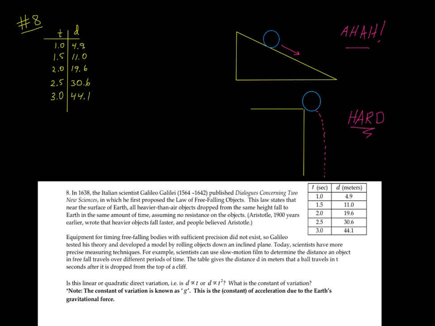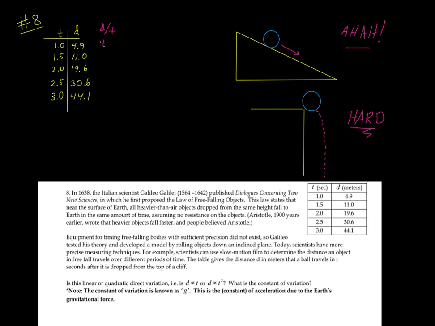Okay, so over here we have a table of data with some various times and distances fallen from an object that's been dropped off the side of a cliff. And our job here at the very bottom is to decide: is this linear or quadratic variation? Let's take this data and first assess whether it's linear. We can do that pretty simply by looking at the ratio of the distance to the time.